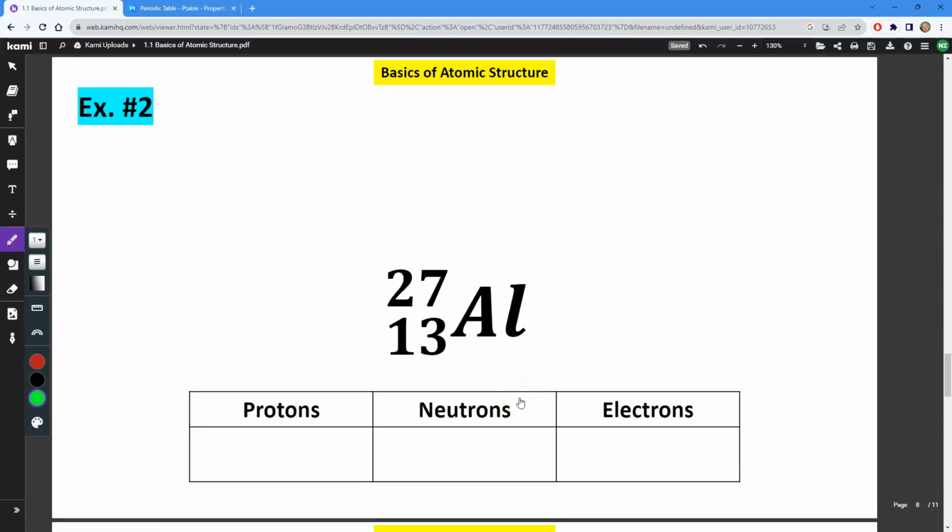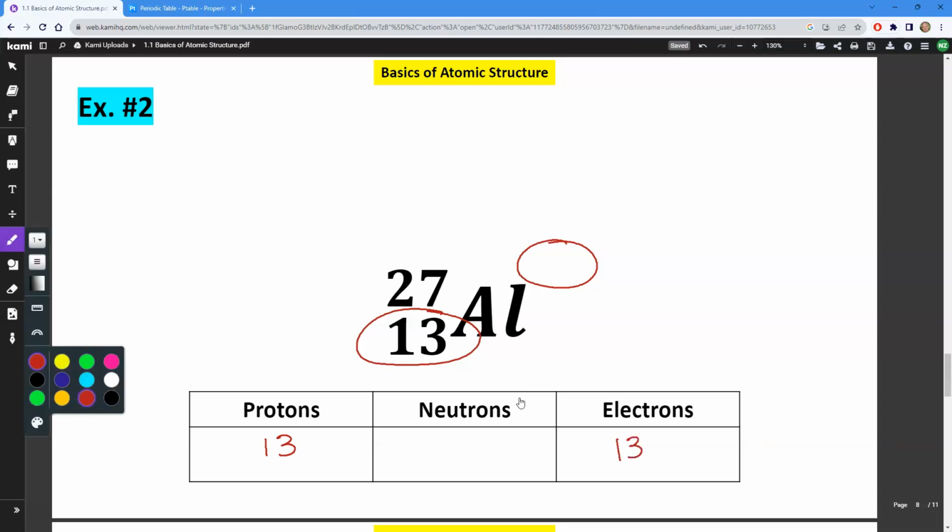Let's take a look at another example. Here we have aluminum. Aluminum down here, this number is the number of protons. That's our atomic number. I don't see a number up here. That's the charge. That refers to whether we have more electrons, more protons. So we assume they're the same here. This is an atom, so they're going to be the same number. And then this number up here is our mass number.